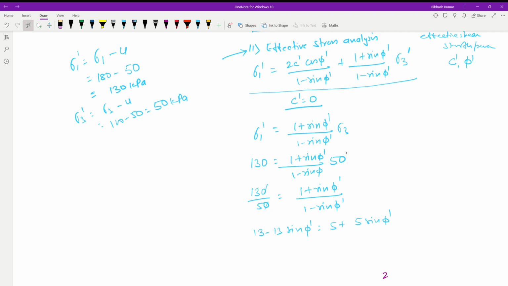So 13 minus 5 is equal to 5 plus 13 into sine of phi dash. So sine of phi dash is simply 8 by 18, so phi dash is going to be sine inverse 8 by 18. So what will be the value?